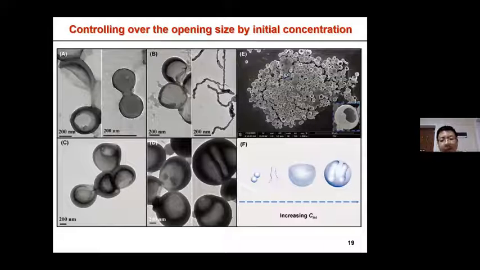And we found that with the increase of initial concentration, firstly, solid nanospheres were formed, and then bowls were formed. With the further increase of the initial concentration, bowl-shaped nanoparticles were formed.